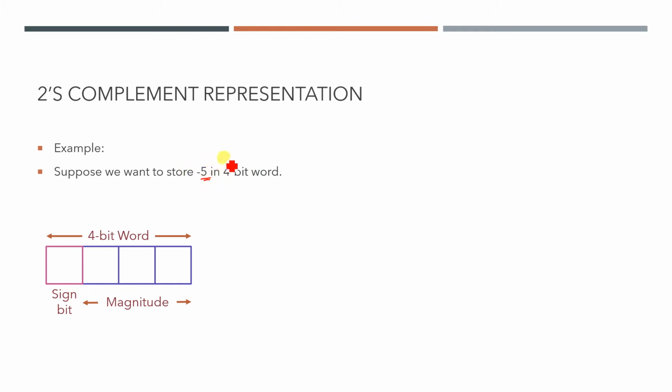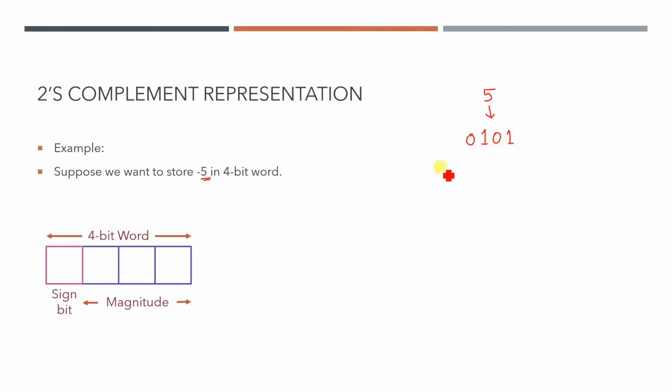Now how to represent this negative 5? First of all, I will convert positive 5 to its binary equivalent, which will be 101. And as it is going to be represented in a 4-bit word, I will add a 0 to make it 4-bit. Now, the representation is in the form of twos complement, so we have to find the twos complement of the given number. How to find the twos complement of a given number?